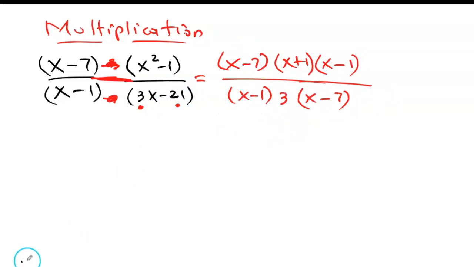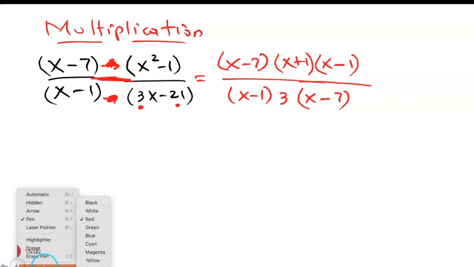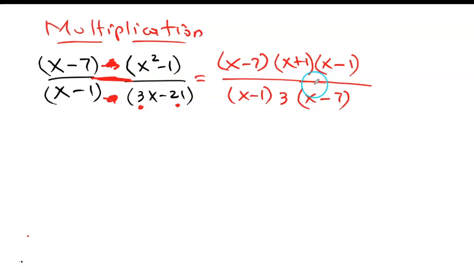Before I do that, don't forget the restrictions. It's really important to do the restrictions as soon as you see that. Okay, so am I concerned with the numerator? No, the denominator is the one. Always my denominator. So I'm going to bring the x minus 1. Let me bring that 3 in the front because it's bothering me back in the middle. Alright, I just moved it to the front.